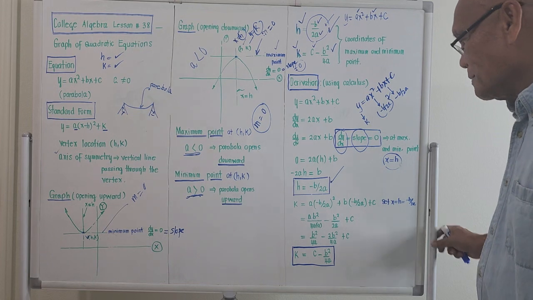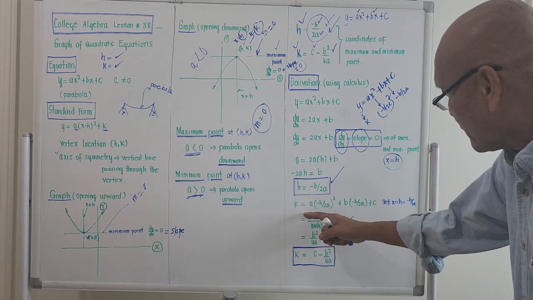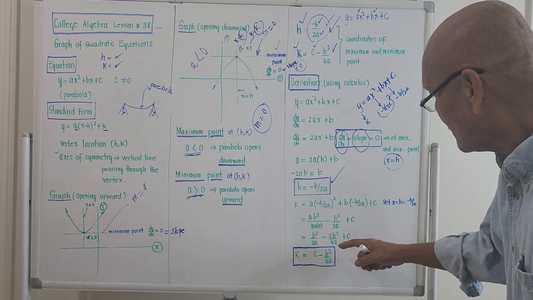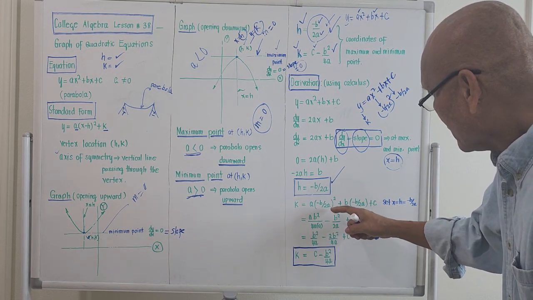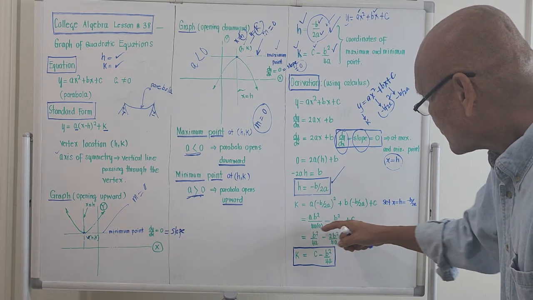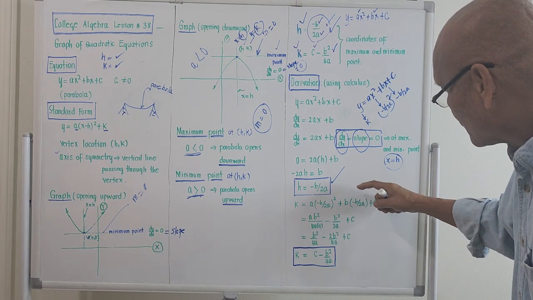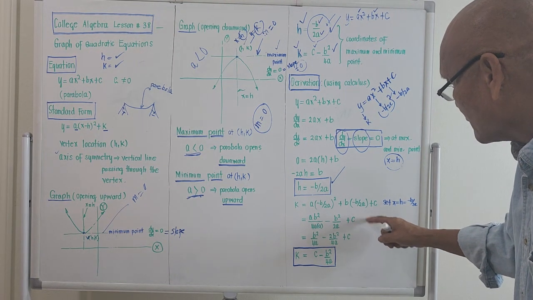Am I still on camera? Simplifying this, the first term is a b squared over 4a squared, or simply b squared over 4a, because negative b squared is b squared. And b times negative b over 2a is negative b squared over 2a, plus c.